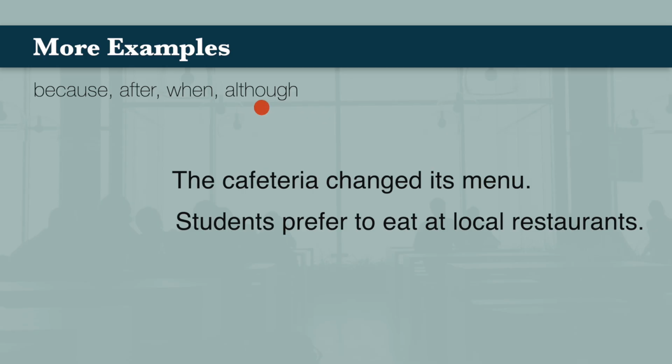Although is the subordinator that means contrast or but. So let's try using it. Although the cafeteria changed its menu, students prefer to eat at local restaurants. And I think I would add the word still right here. Although the cafeteria changed its menu, students still prefer to eat at local restaurants.